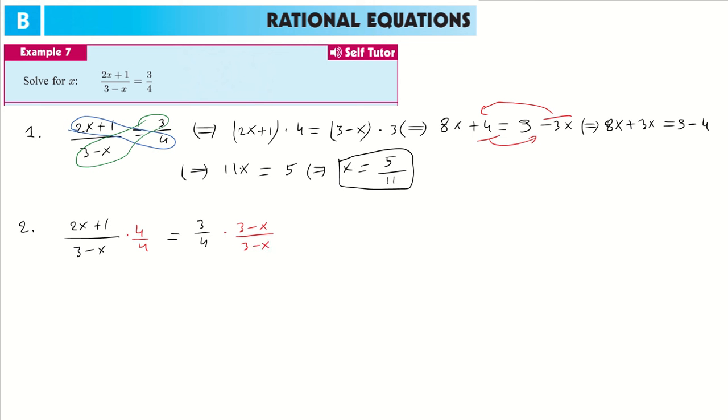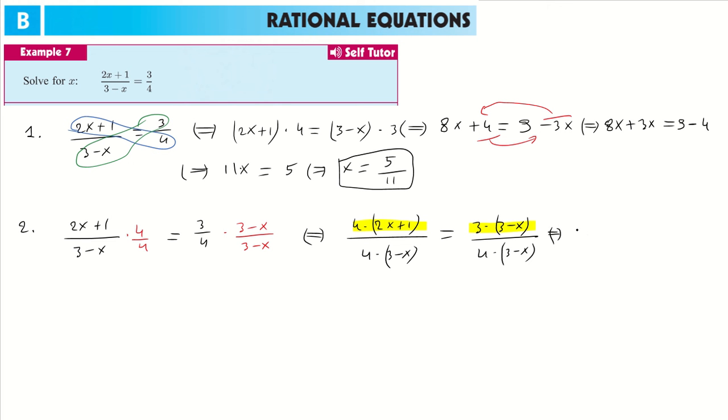So we don't change anything in the equation. So the left hand side becomes 4 times (2x + 1) over 4 times (3 - x), and the right hand side becomes 3 times (3 - x) over 4 times (3 - x). So what we see is the denominators are the same, so we equate the numerators to each other.